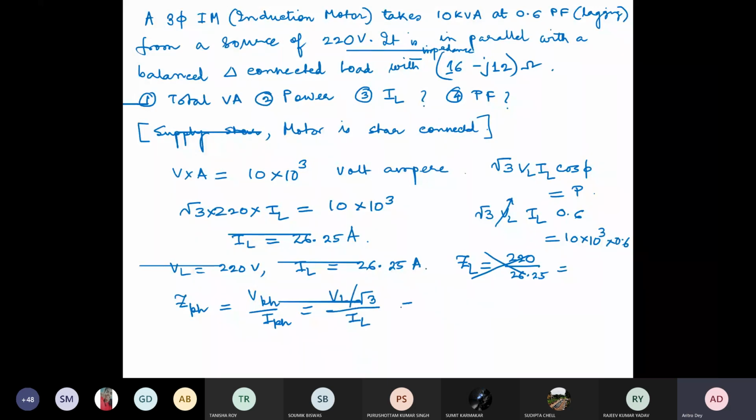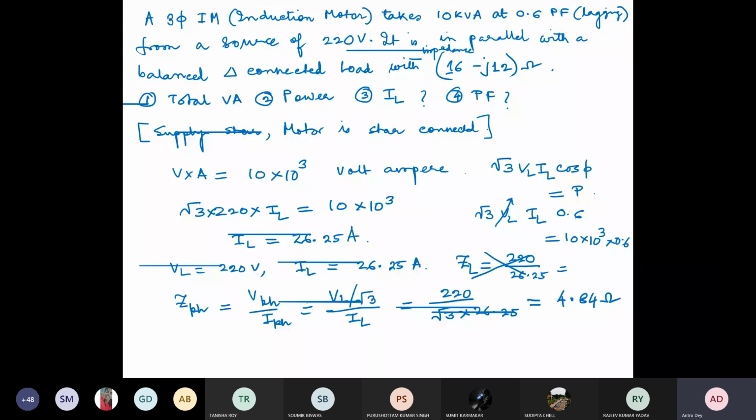So we write 220 divided by root 3 into IL, which is 26.25, and it comes out to be 4.84 ohm.